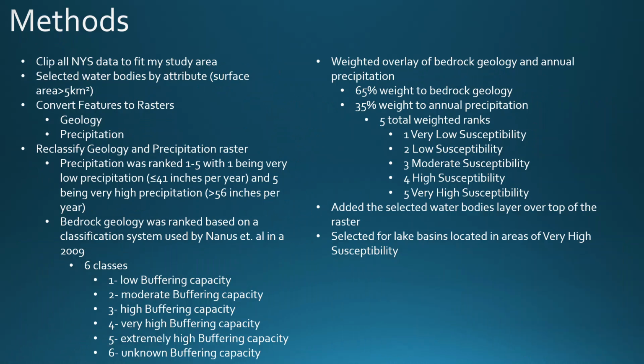So the first part of my project was getting all of these really large New York State files down to a more manageable size. So I clipped them all using the land class model, and that allowed me to better understand what I was working with. Specifically with the hydrography and the water bodies, I found that there were far too many lakes for me to analyze if I were to just look at all of them.